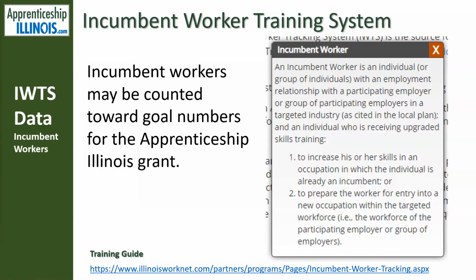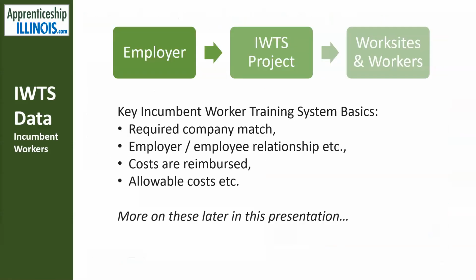As part of the grant, what we want to do is find an employer, create the Illinois Incumbent Worker Training System project, and then add the work sites and workers. So the key IWTS basic is there is a required company match. We'll go into a little bit more detail.